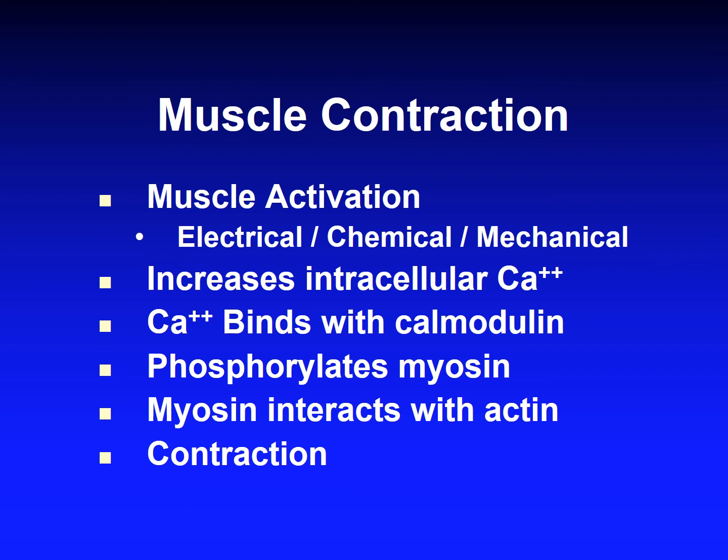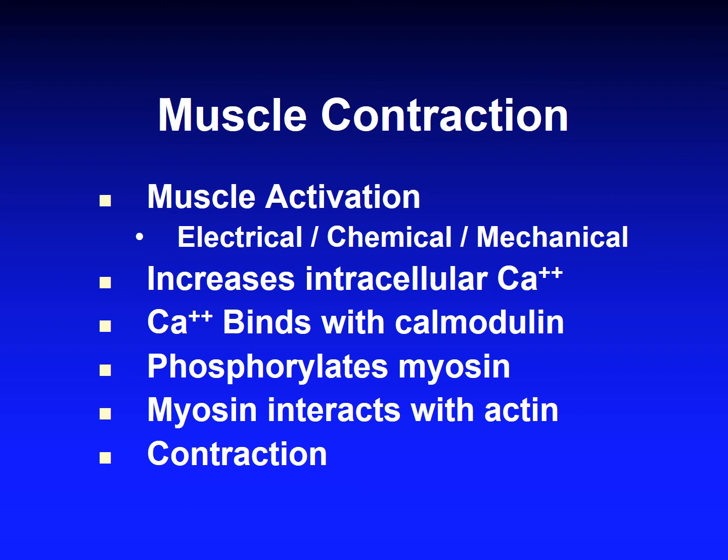Then we talked about the requirements for the contraction. What do we need to make a smooth muscle in the gut contract? We need an action potential coming from an enteric neuron, and we need a slow wave, especially a plateau phase of a slow wave, coming from the interstitial cell of Cajal.